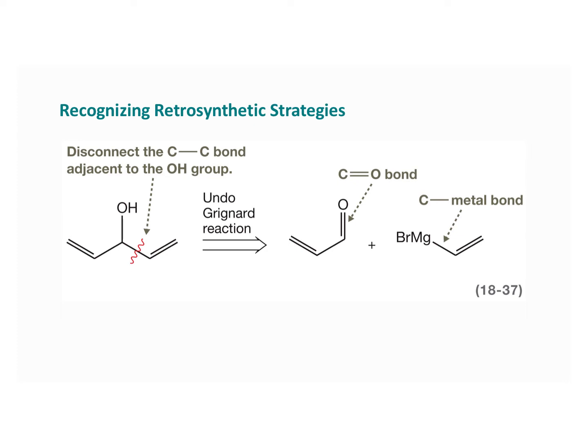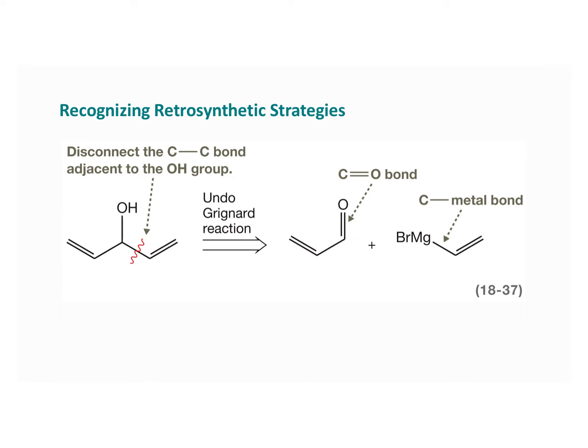These transforms can be carried out on essentially any alcohol by disconnecting the bond between the alcohol carbon and the adjacent carbon. Okay, and that's what you see here. So there's the alcohol carbon. This is the adjacent bond. We disconnect it here. We've undone a Grignard. Now we have our carbonyl and our Grignard reagent with that carbon metal bond.